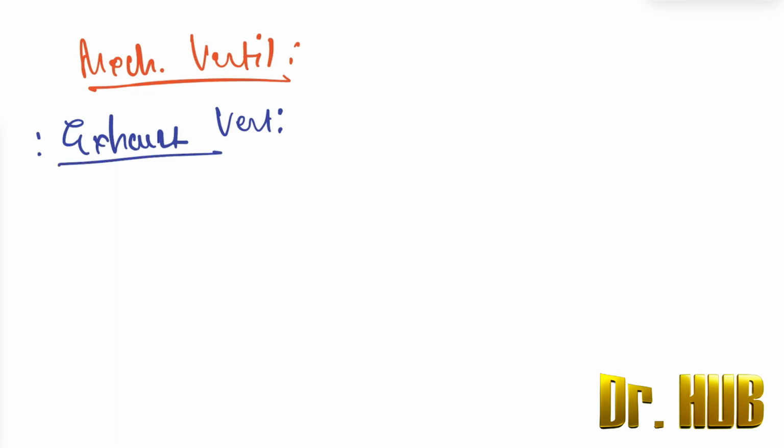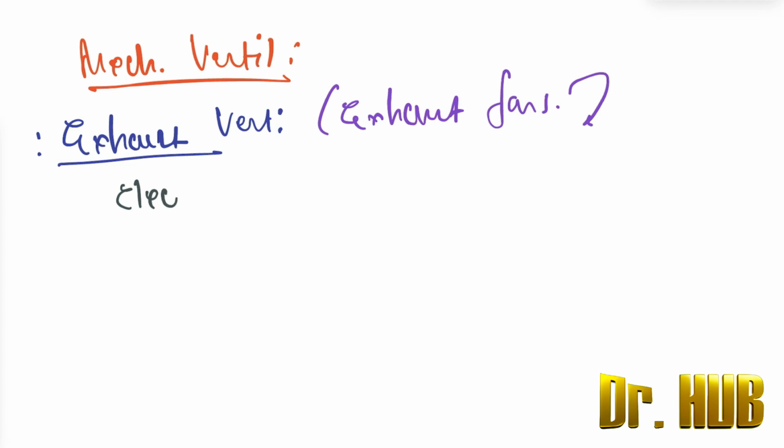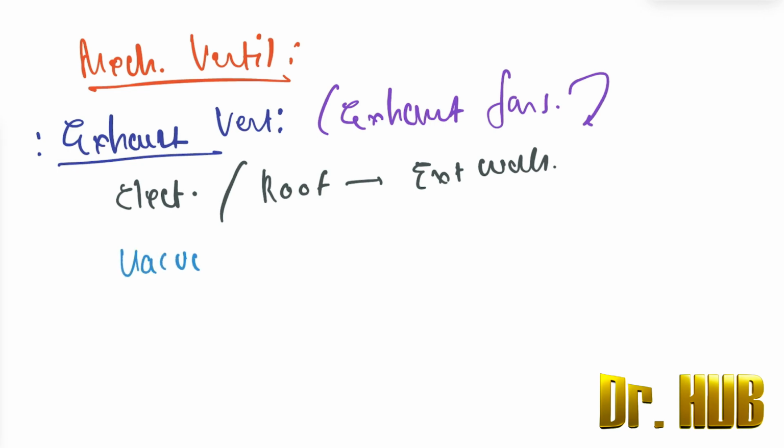Exhaust ventilation utilizes exhaust fans, which run on electricity and are placed high up near the roof on the external walls. A vacuum is created, and fresh air from outside enters the ventilated space.